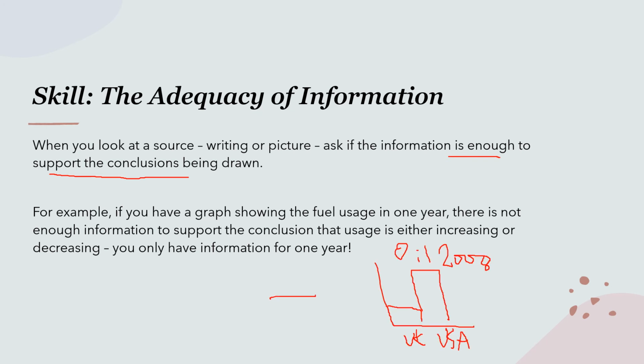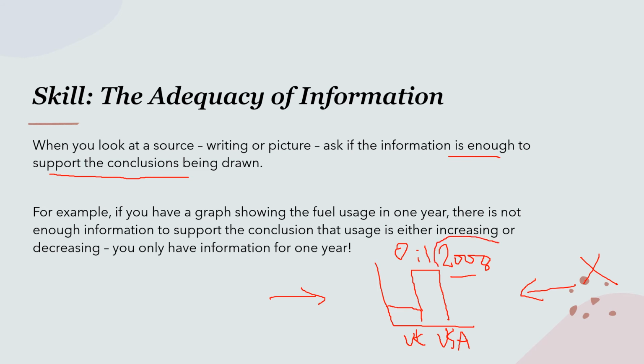if you have a graph that looks something like this, which shows the oil consumption in America, the USA, in the year 2008, well, that is enough information to show you how much oil is used in 2008. But if one of the conclusions that the question draws is that the usage is increasing or the usage is decreasing, well, this is not enough information.